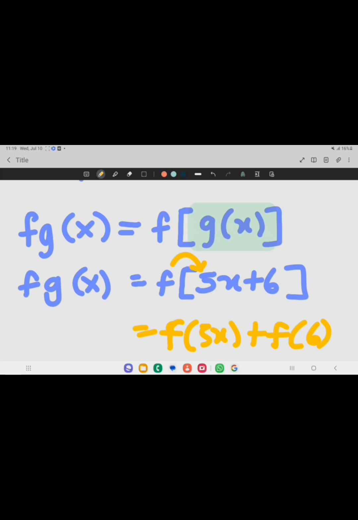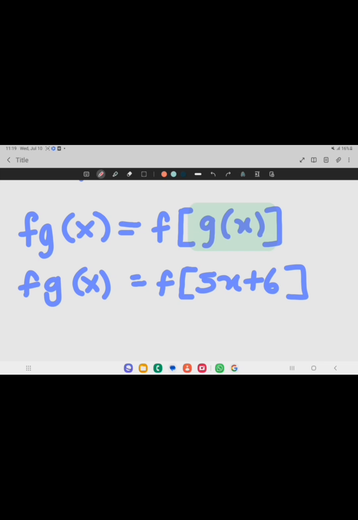Why can't you do this? Because the f and the 5x plus 6 are not in a times relation. It is a function, so when it is a function, you cannot expand it, and you cannot move it over and make it a divide by.